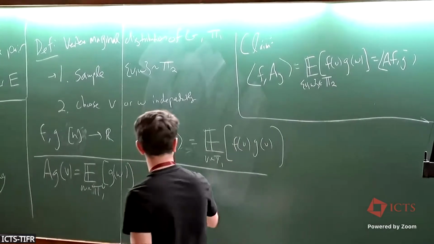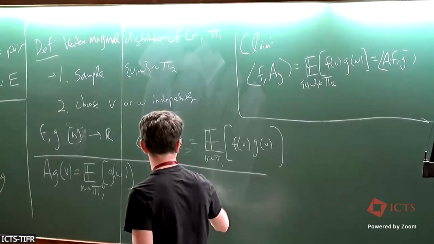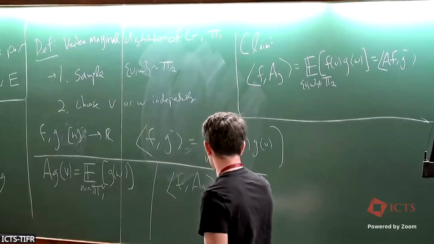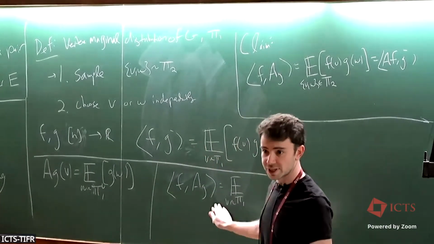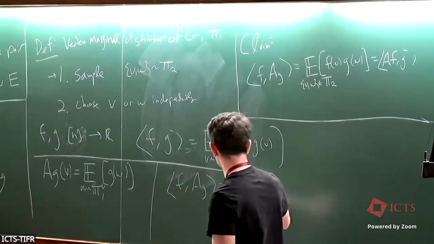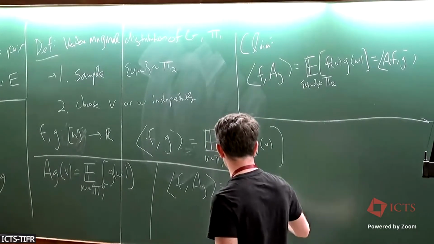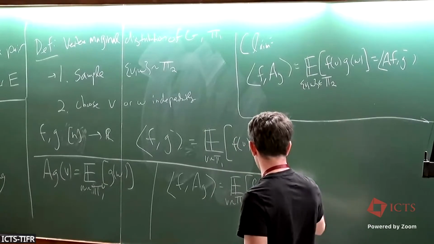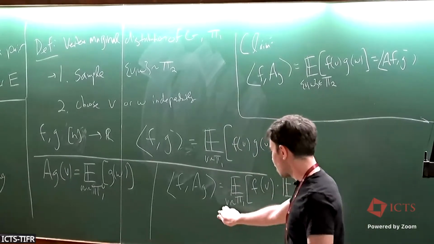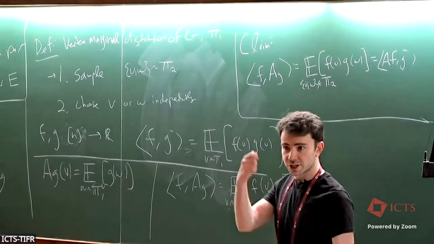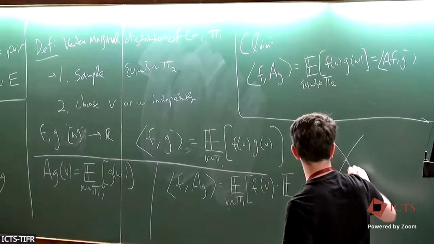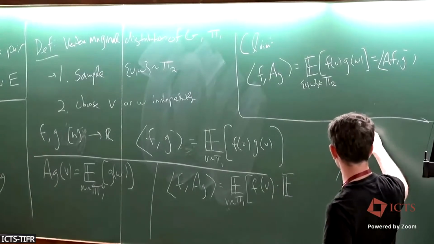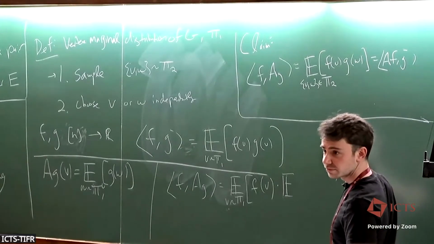In particular, what is <f, Ag>? Let's write this out. This is the expectation over a vertex drawn randomly from the pi1 vertex marginal distribution of f of V times the expectation of W drawn given V. First I draw V, then conditioned on V, I draw my edge, VW.